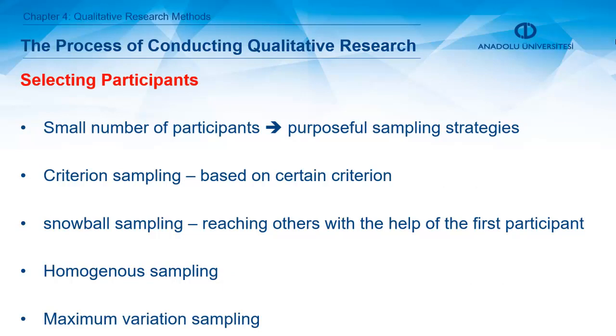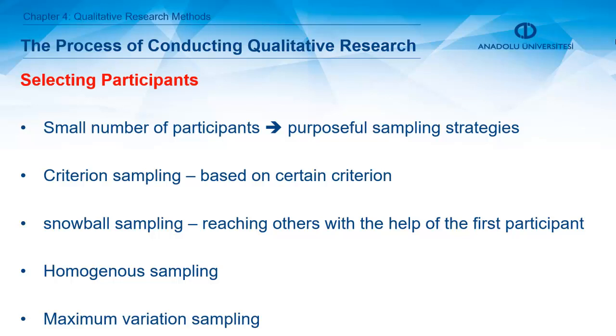As you may remember from your previous chapters, in qualitative studies, we have a small number of participants, and they are usually determined through purposeful sampling strategies. For example, if you select your participants based on criterion sampling, you have some criteria in your mind, and you choose the participants that meet your criteria.